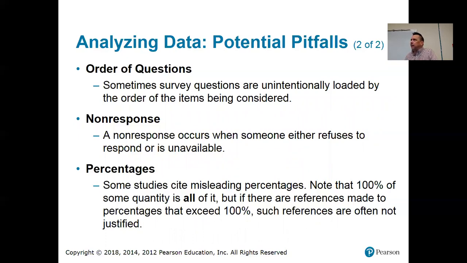I could say that I made some change in my teaching that increased my success rates by 400%. That is absolutely possible. Something increasing 400% means that, let's say 10 people passed my class before I started doing this, and 50 of them passed after I started doing it, that is an increase of 400%.